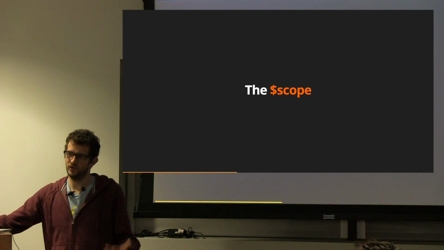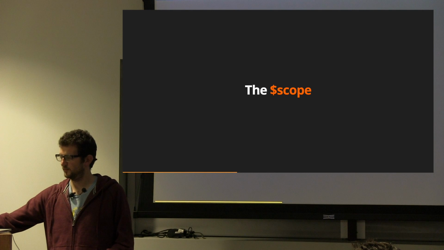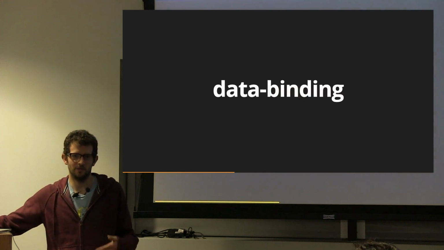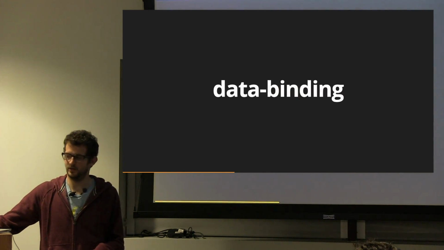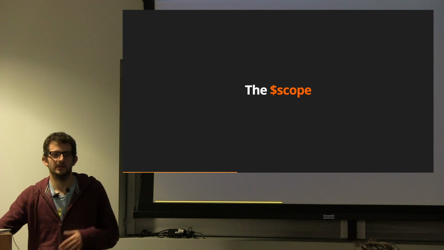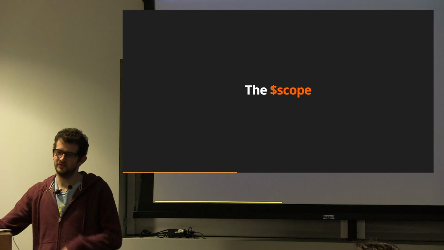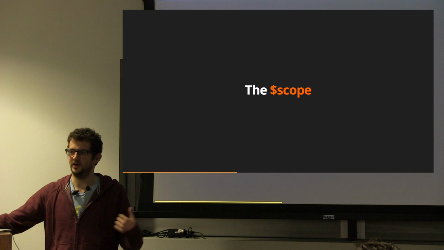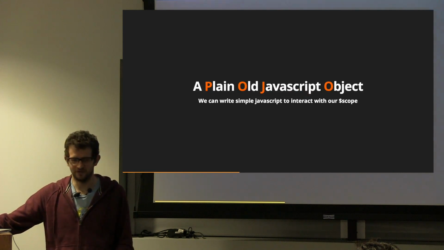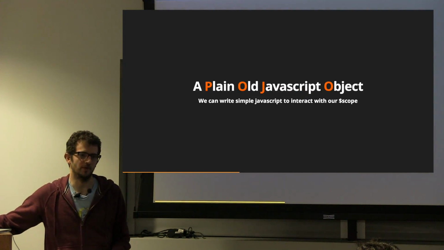That's called data binding. The way that we get a hold of our data in our data binding is by using the scope. If you've ever looked at Angular, you've probably seen this. If you haven't looked at Angular, you'll see this right now. Okay. A scope is simply a plain old JavaScript object.